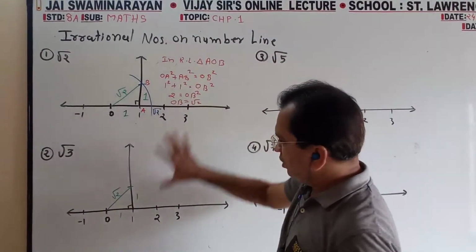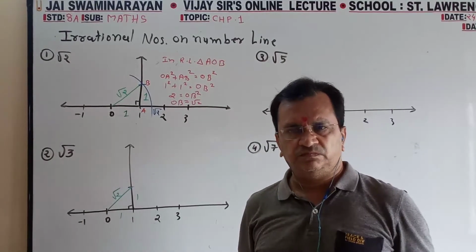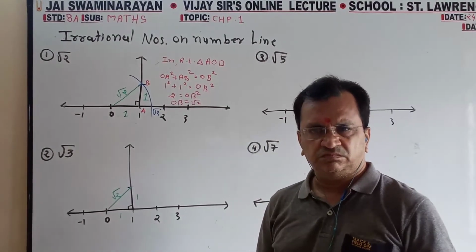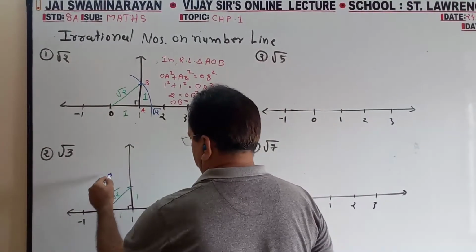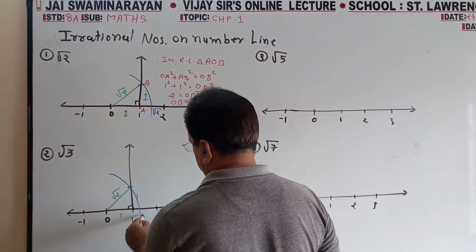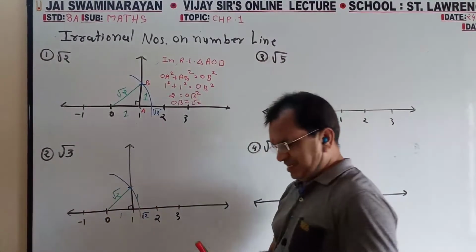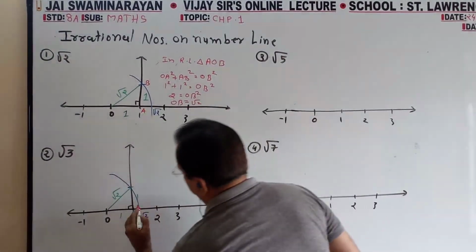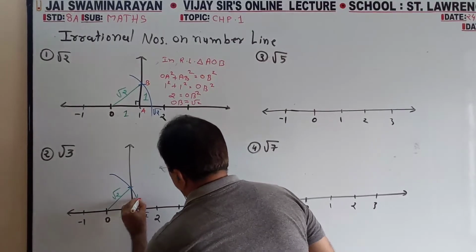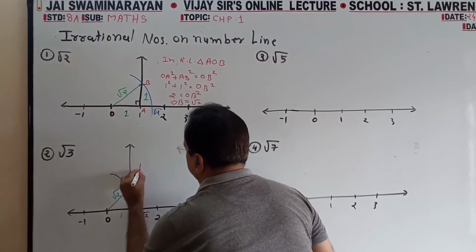So this same thing you have to repeat here. Then here also you will get root 2. Now exactly on root 2, again draw a perpendicular line.